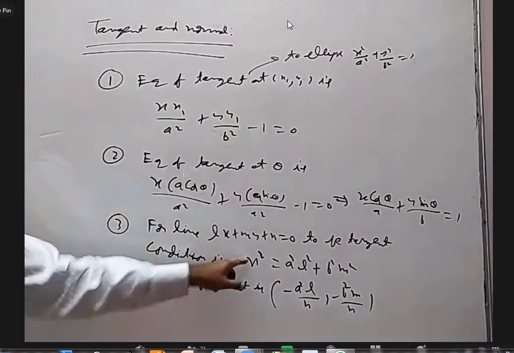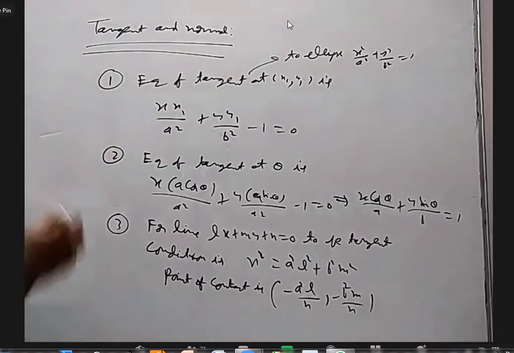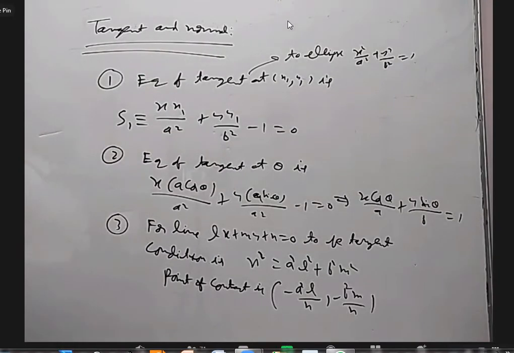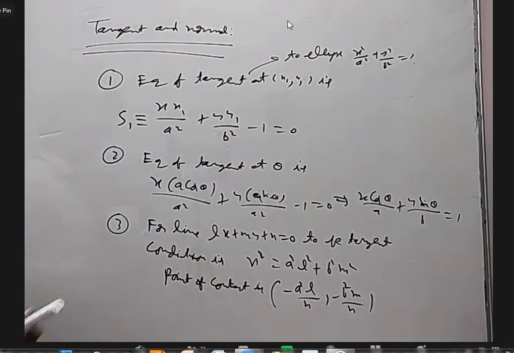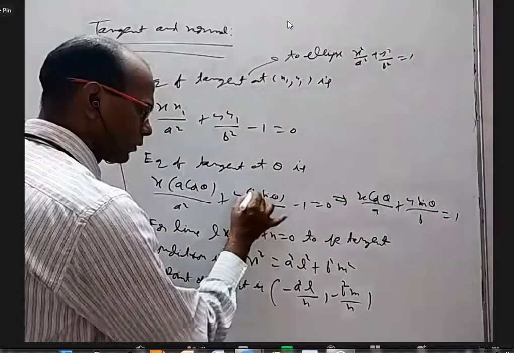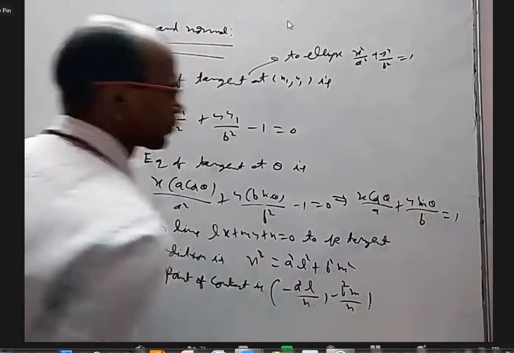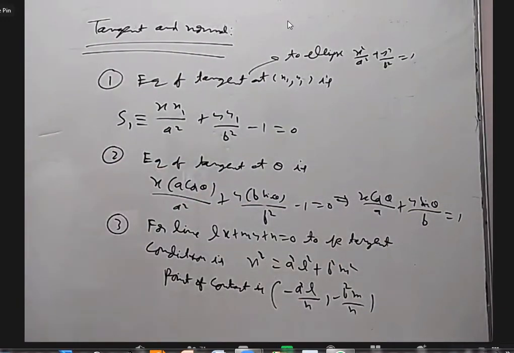This third one, how they came, I'll explain. But the first one is not required, simply T equal to 0. Second one, same T, but x1 is replaced with a cos theta, y1 is replaced with b, sorry, this is b, right, not a. This is b sin theta, this is b square. So this is one formula for tangent, this is another formula for tangent.